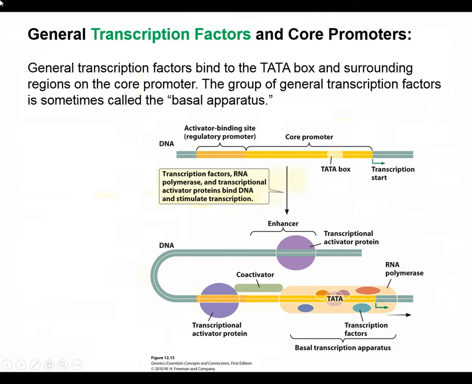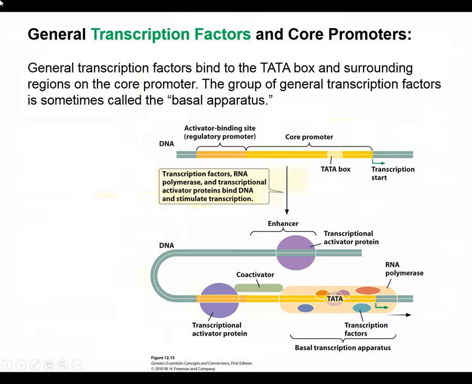Now you have the general transcription factors, which are proteins that bind to those promoter elements, like the TATA box and the -35 core promoter and such. And so the core promoter binds what we call general transcription factors. Every gene has a core promoter.